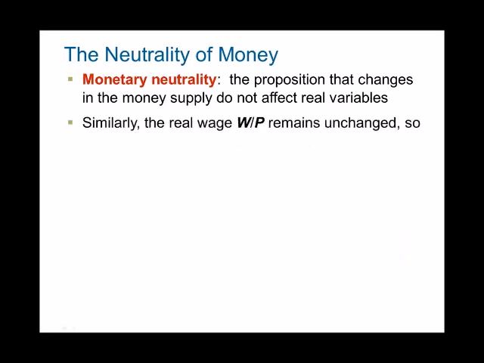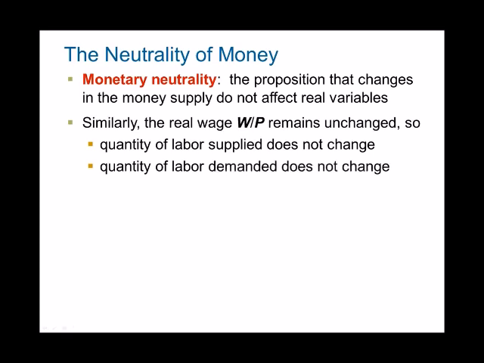Similarly, real wages don't change, because if wages and prices go up by the same percentage, you are able to purchase the same quantity before and after the price increase. So the quantity of labor does not change. Of course, if you are able to purchase the same amount as before, you're not going to work harder. Quantity demanded of labor won't change because firms won't hire more workers, since demand hasn't changed. Prices of all the products went up by the same amount, so total employment doesn't change.